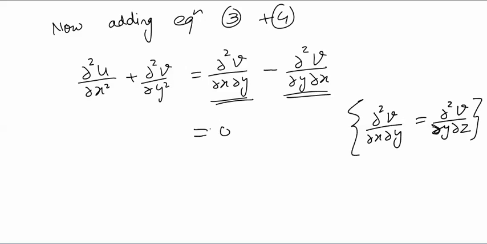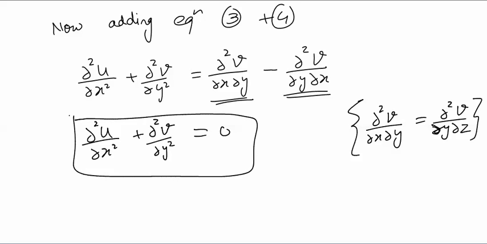So this part will become 0. So ∂²u/∂x² + ∂²v/∂y² will be equal to 0. You can also write this as ∇²u = 0.